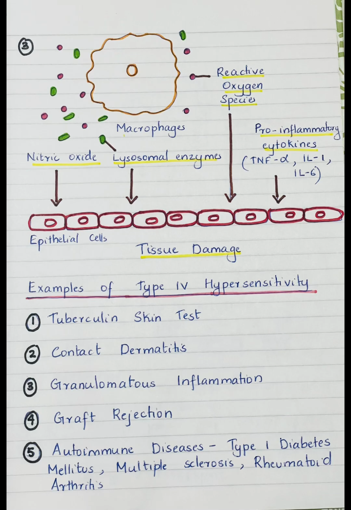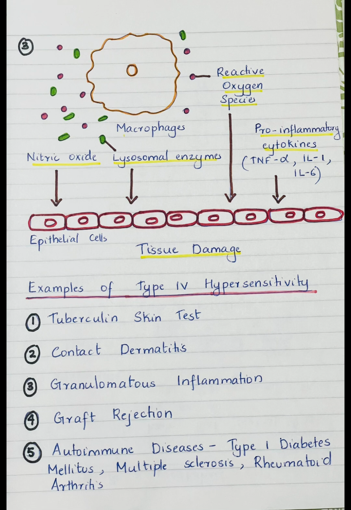So the accumulation of macrophages at the site leads to chronic inflammation and granuloma formation. Pro-inflammatory cytokines such as tumor necrosis factor alpha, interleukin 1 and interleukin 6 along with reactive oxygen species, nitric oxide and lysosomal enzymes collectively contribute to tissue damage.